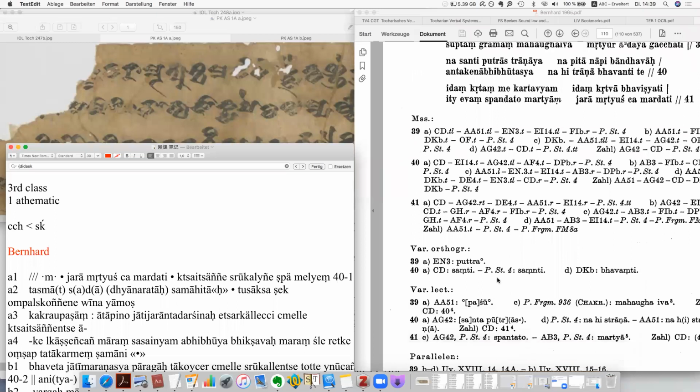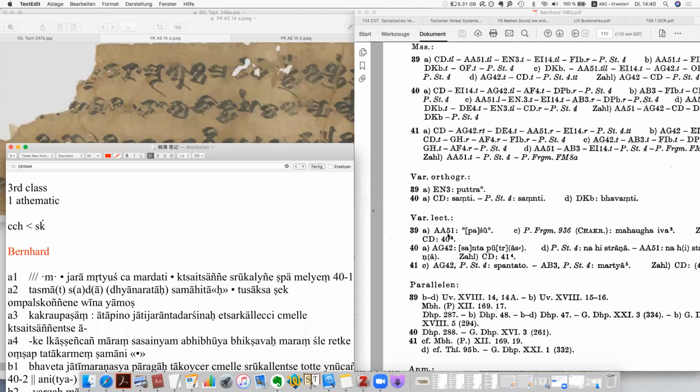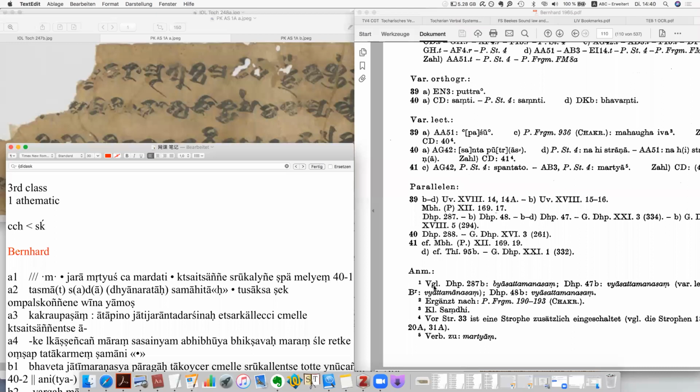And you can see there's a very detailed apparatus here. MSS means the manuscripts used for these verses. So you can see that he had done a lot of work. He checked all these manuscripts, the variant writings and readings, the parallel texts, and the commentary.